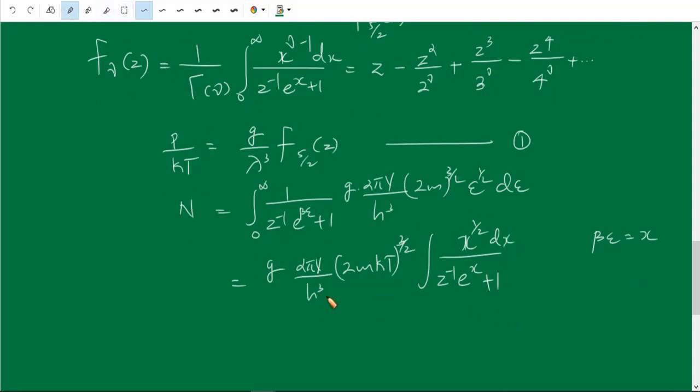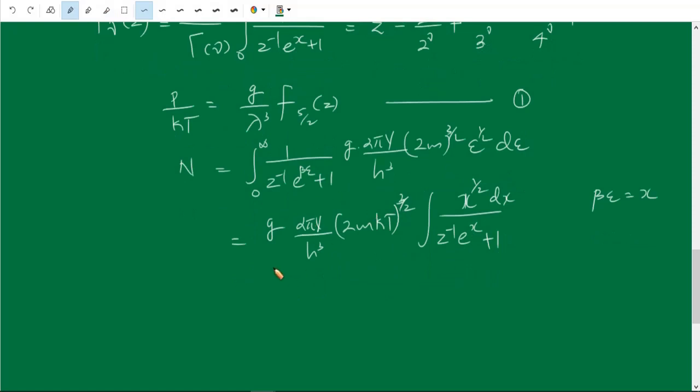Okay, now this can be written again as g times 2 pi m kt whole raised to 3 divided by 2.